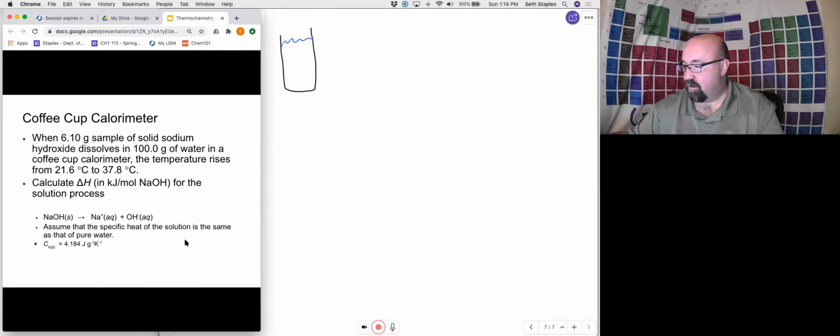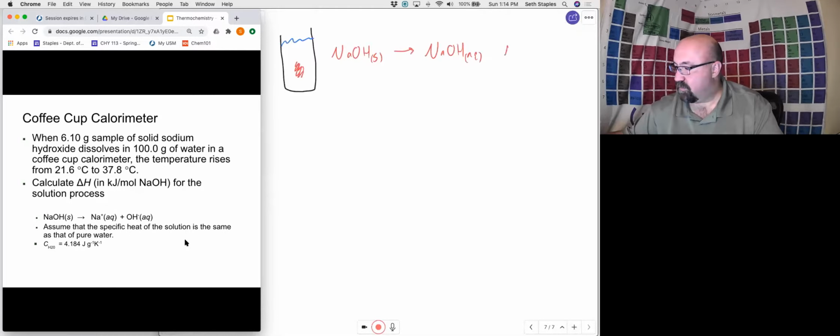We've got our water in here, and we've got our process happening here. For this example, it's just NaOH solid going to NaOH aqueous.